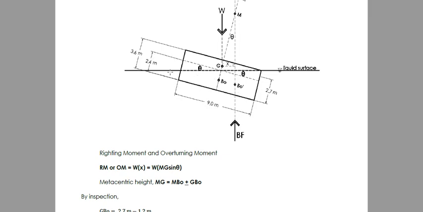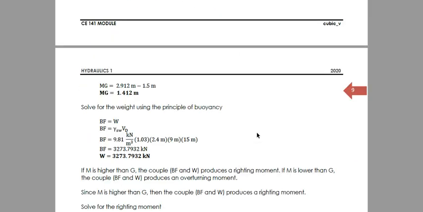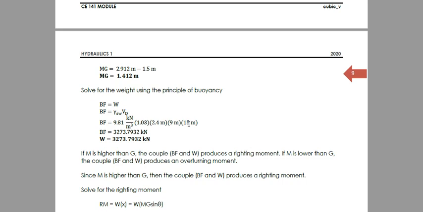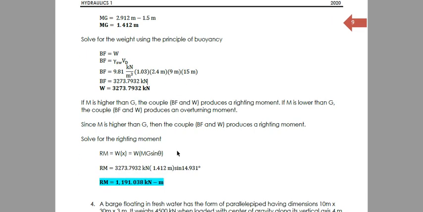The displaced volume when upright is equal to the displaced volume when tilted. The wedge removed here went over to this side, so the volumes are the same. Then the buoyant force is equal to 3273.7932 kilonewtons, which equals the weight. Now we solve for the righting moment.